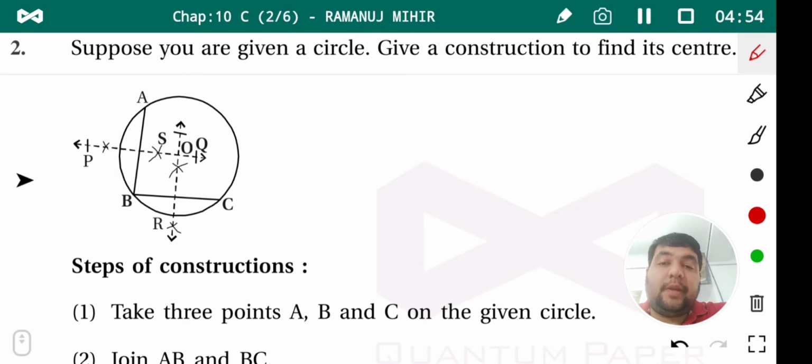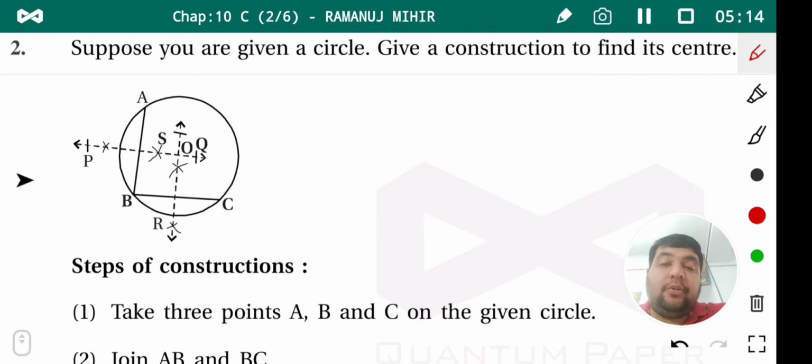It never depends on the length of the chord. Whichever chord you use, either a diameter, the biggest chord, or any chord inside the circle.